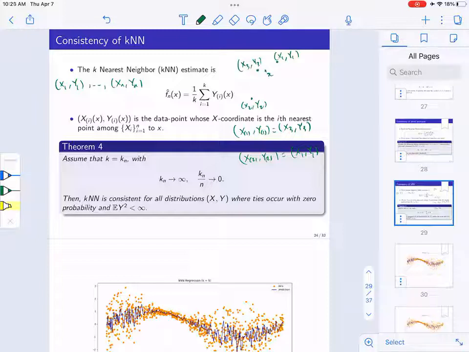This pair goes first. This has the second closest, so the second would be x1, y1. And then the third is x2, y2.